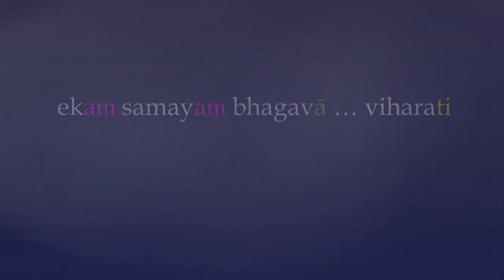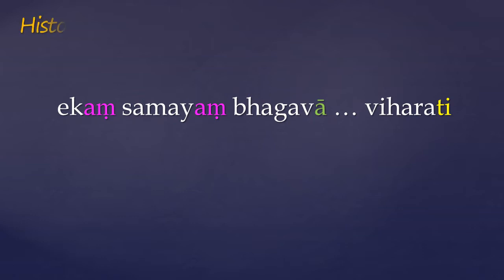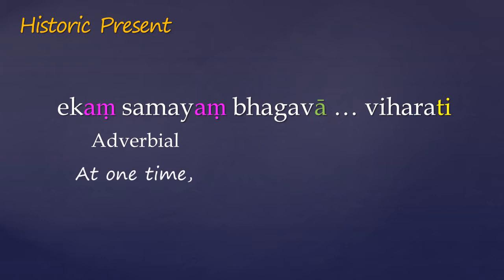Now, I actually used the word Bhagavant in an example back in Lesson 1, when we were looking at the concept of the historic present. And now we have a little bit more information, we can analyse it a bit further. Ekang Samayang begins almost every sutta. This is in the accusative case, and it's actually acting adverbially, setting the time at which the following passage took place.